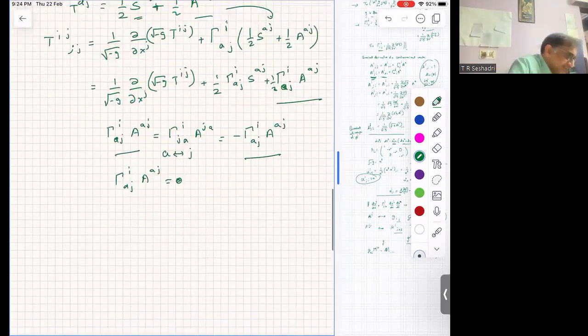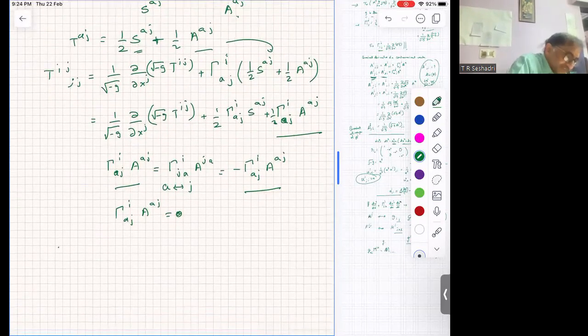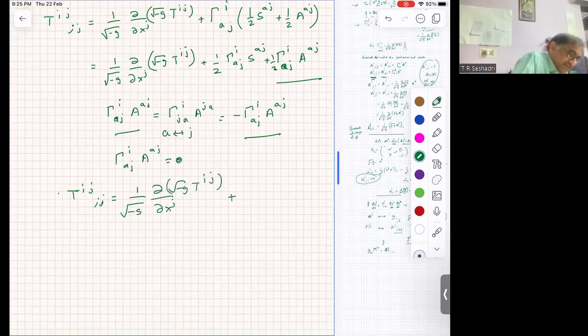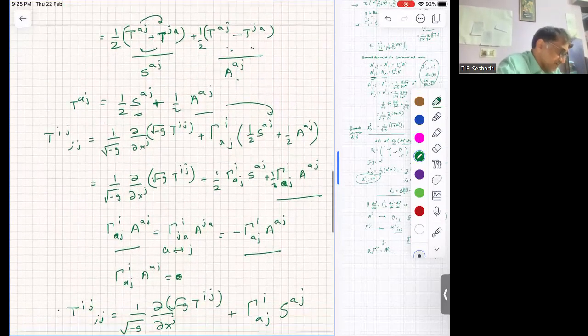So basically we have TIJ semicolon J is equal to 1 by square root of minus g del by del xj of square root of minus g TIJ plus gamma IAJ times the symmetric part.